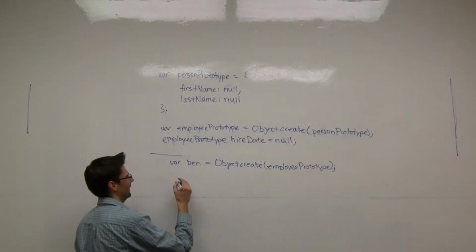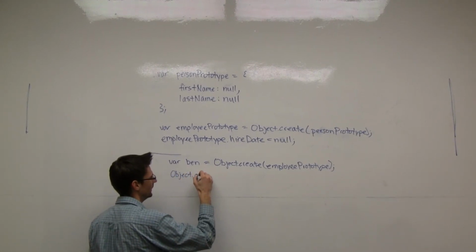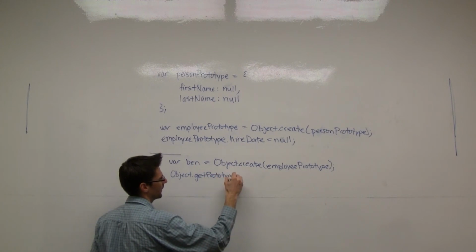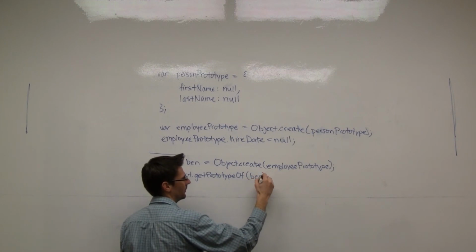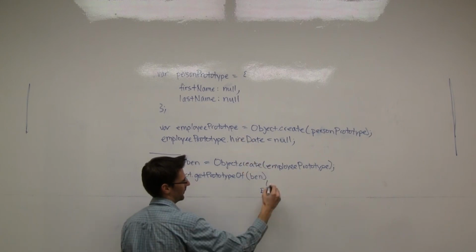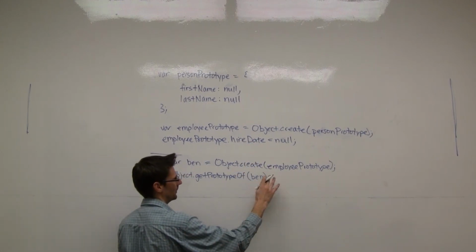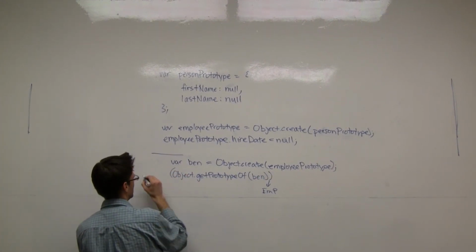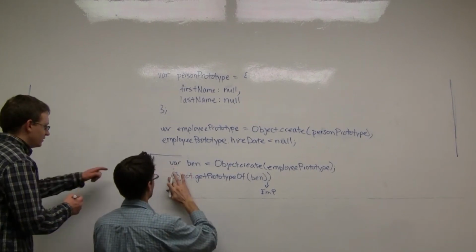The beautiful thing is this. If we went again and said Object.getPrototypeOf Ben, that will return us the employee prototype. But if we then say it again, I guess we have to wrap it. Let's do it this way.